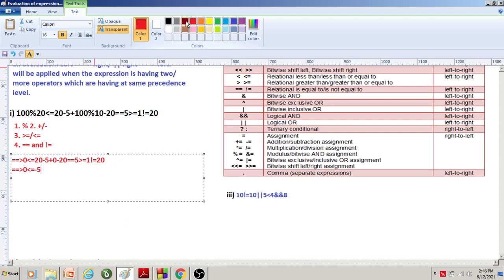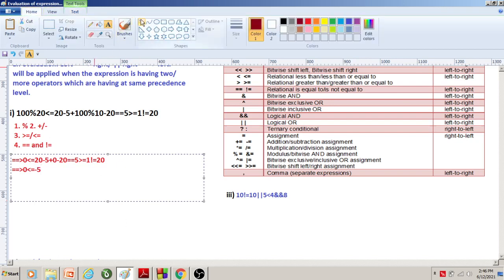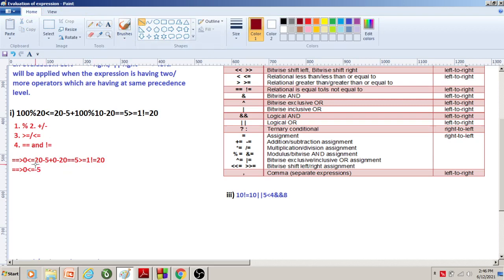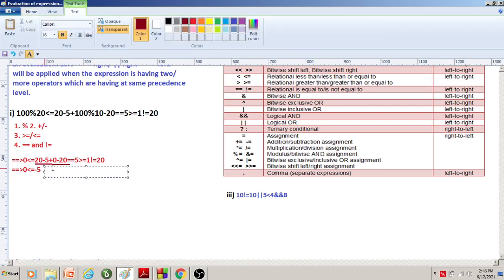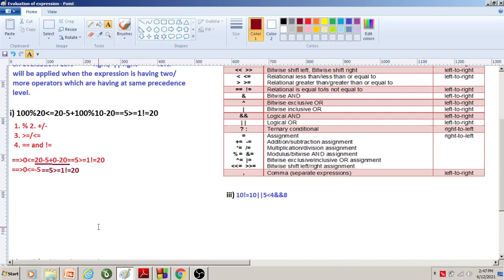So the evaluation of the whole expression 20 minus 5 plus 0 minus 20 gives minus 5. Next we have double equal to 5 greater than or equal to 1, not equal to 20. So this is the result of the expression.